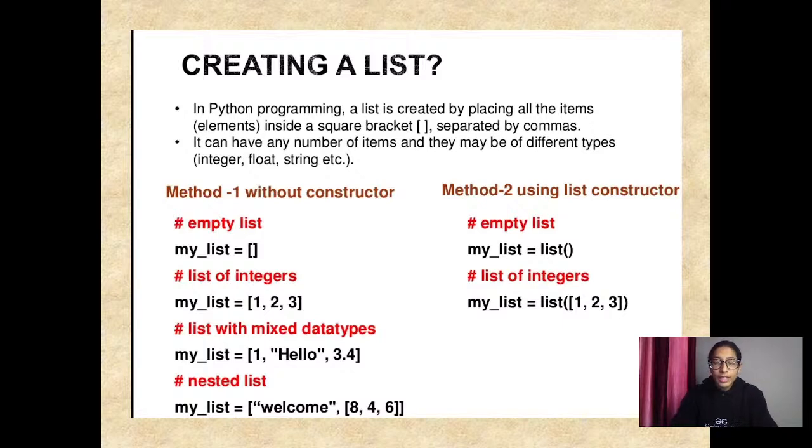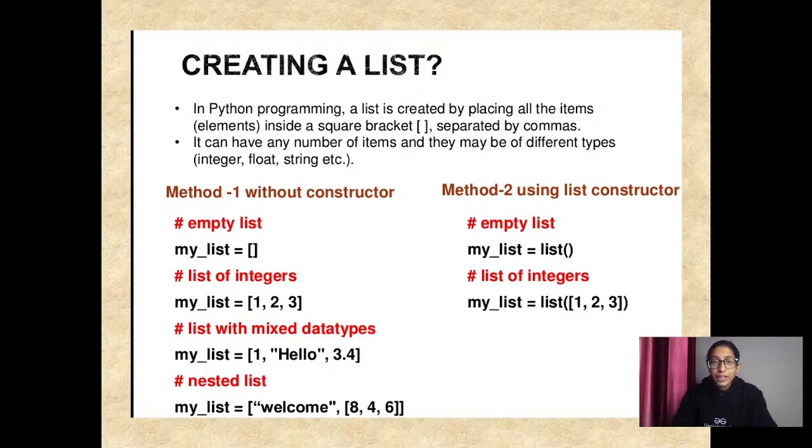Now how do we create a list? In Python, a list is created by placing all the elements inside square brackets, and all the elements, also known as items, are separated by commas.